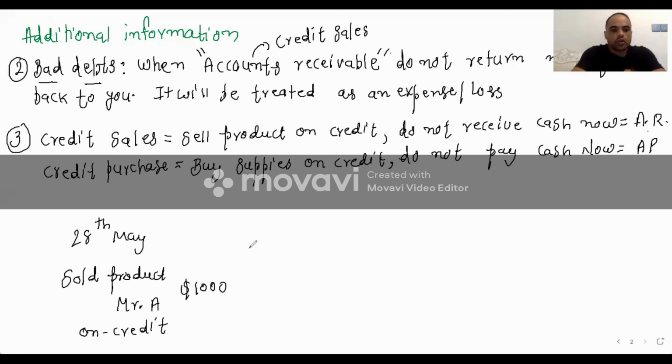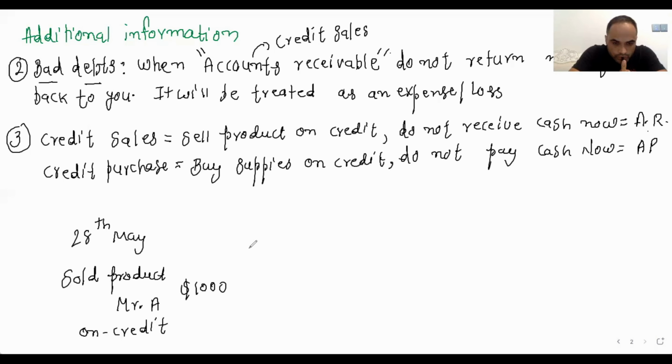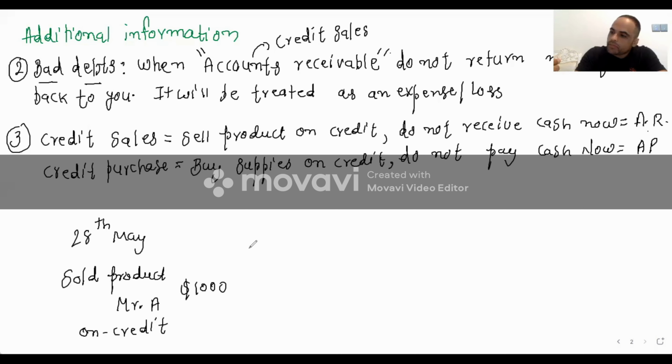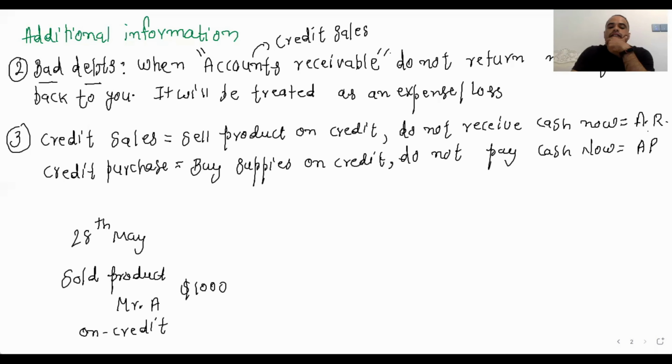Sold product to Mr. A on credit, what is the journal entry?